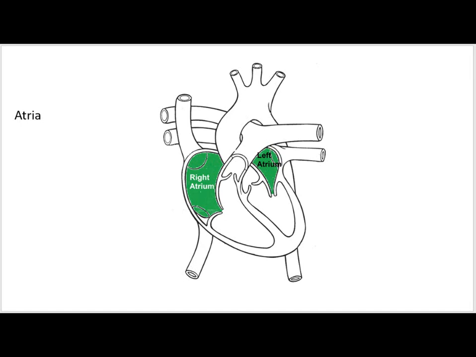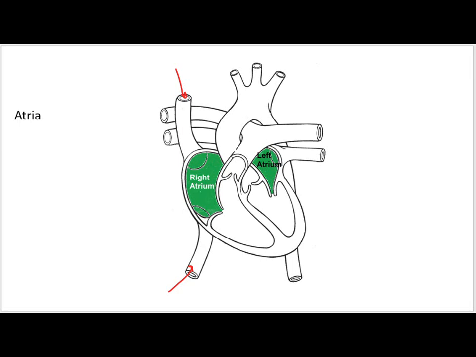So the right atrium receives blood from the superior and inferior vena cava. Superior vena cava collects blood from the head, neck, upper limbs, and chest and brings it to the right atrium.